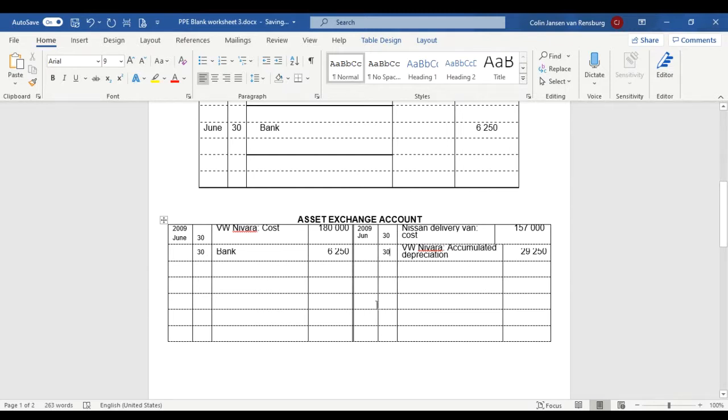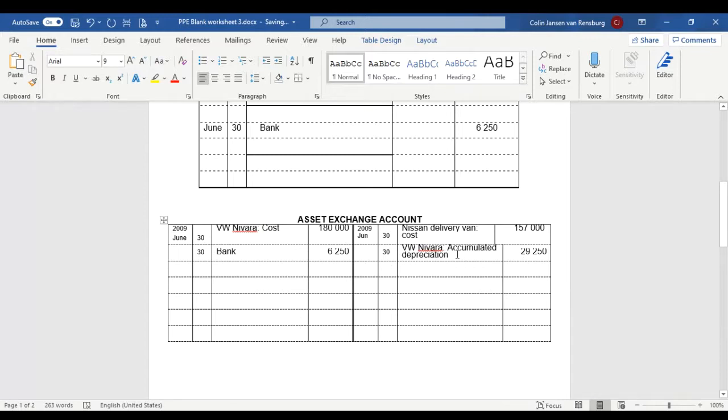Now it's just a question of balancing off this account to go and determine whether you have a profit or a loss on the exchange of the assets. Now, as we've seen already, if we add up this debit side, it comes to 186,250. If we add up the credit side, that also gives us 186,250.